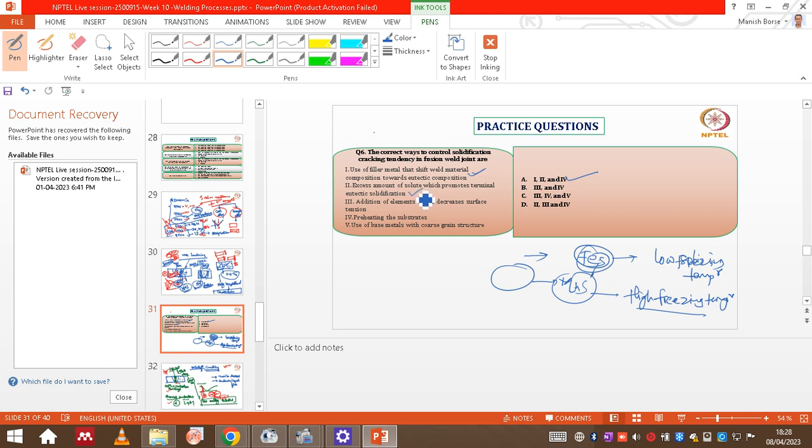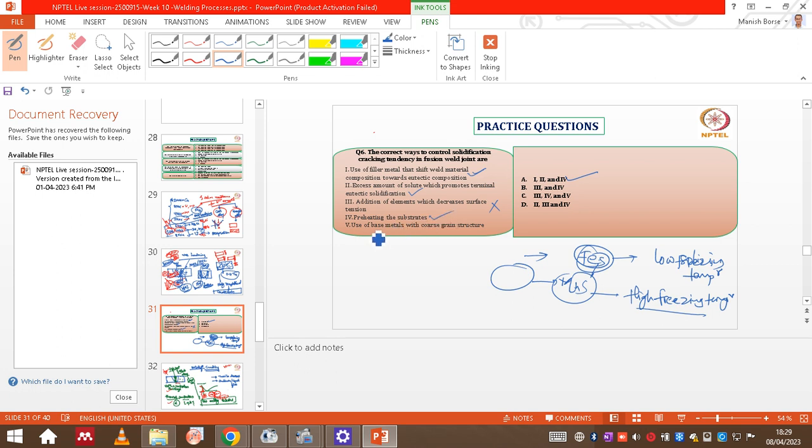If an extra amount of liquid is available, then it will act as a backfilling of that torn layer, right? And addition of an element that will decrease the surface tension? No, it is not correct, because we have to add certain elements which can increase the surface tension of the last solidifying liquid, or liquid present in the interdendritic region, right? And also, as I said, preheating of the substrate can decrease the temperature gradient, and subsequently it will decrease the amount of residual stresses or thermal stresses, right?